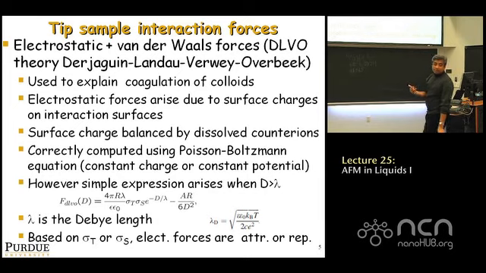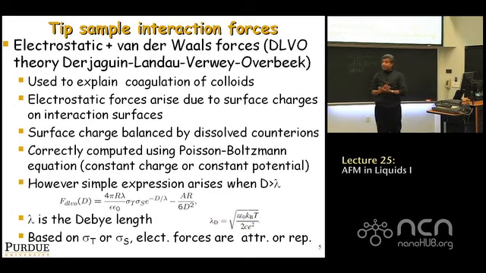So you have two ways in liquids of influencing electrostatic forces. One is by changing the surface charge densities of the interacting surfaces, coating your tip or sample with certain molecules. Or you can play around with the ionic concentration of the solvent, which adjusts lambda.